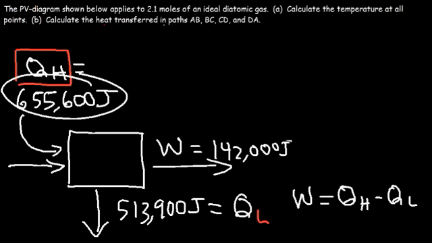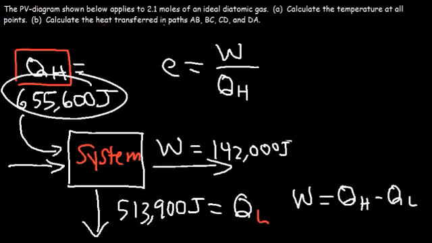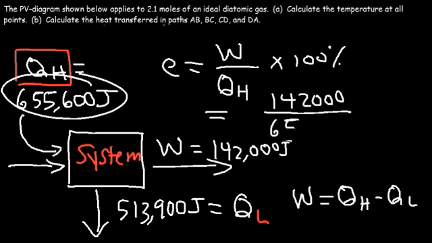Now let's calculate the efficiency of the system. The efficiency is basically the output work divided by the total heat energy that went into the system, that is QH, times 100%. So that's going to be 142,000 divided by 655,600 times 100%.